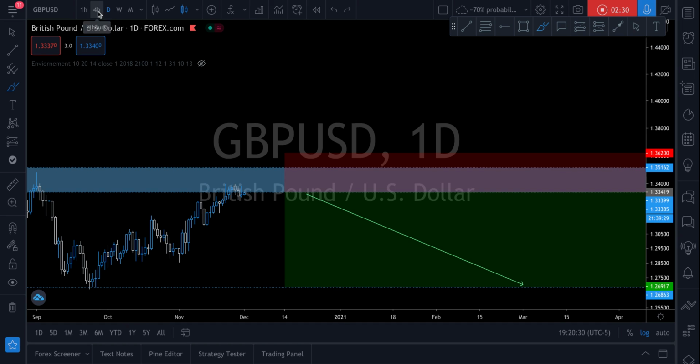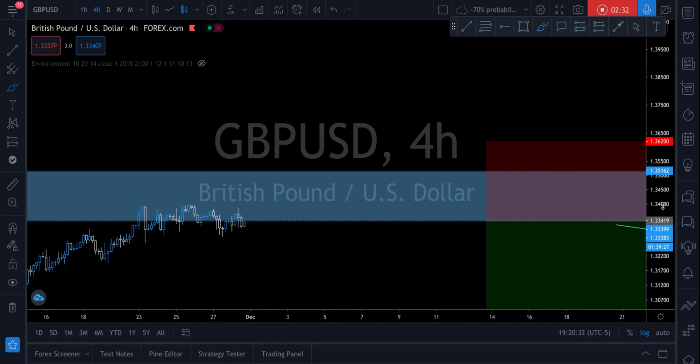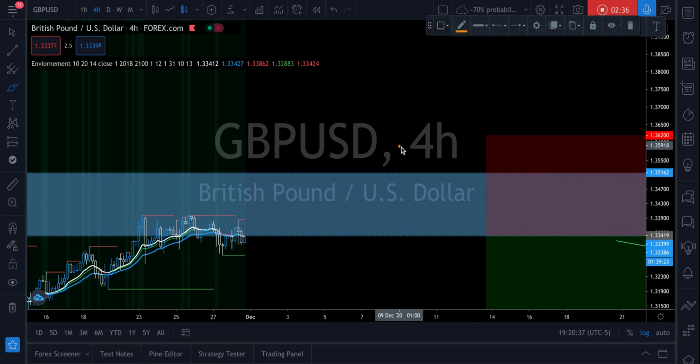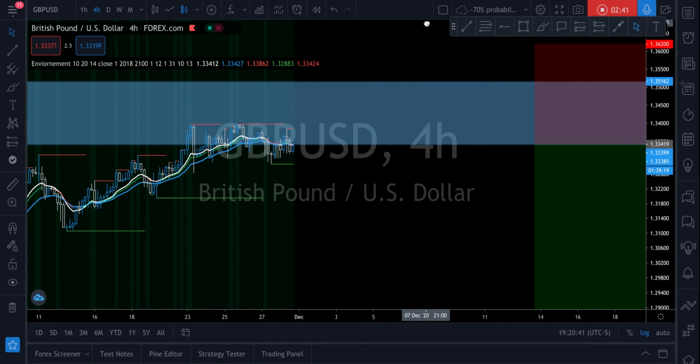So let's go down to the 4 hour real quick, throw on the script that we created for you guys, and we can start looking at identifying structure here. So you can see the fibs, let's go down to this other one. You can see that the EMAs are starting to cross over. So we're getting some consolidation on this chart, which is a good signal for us.